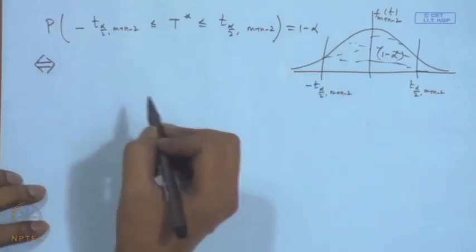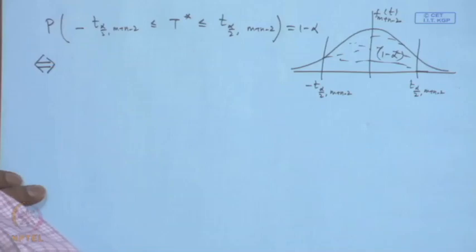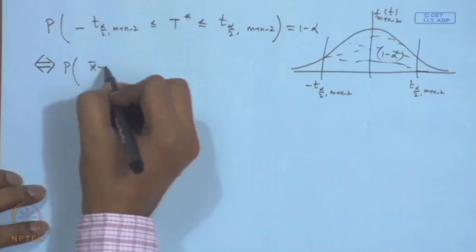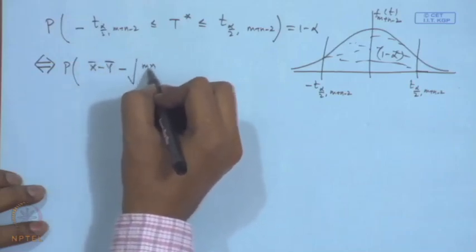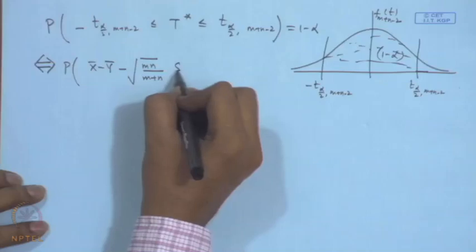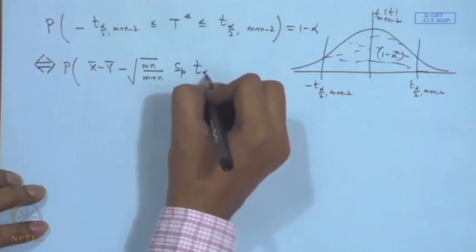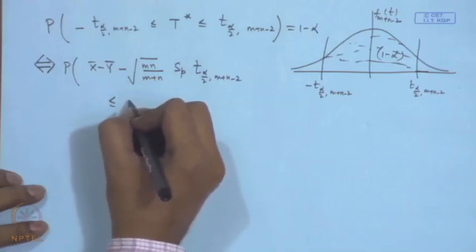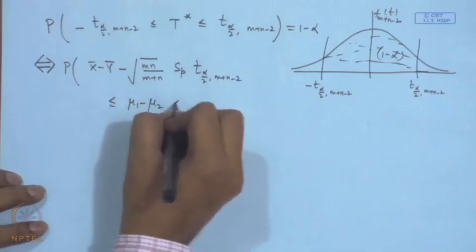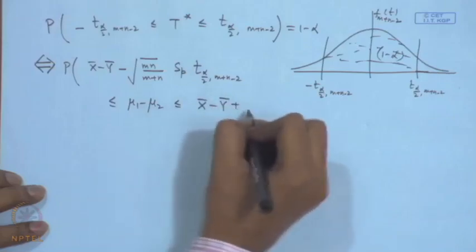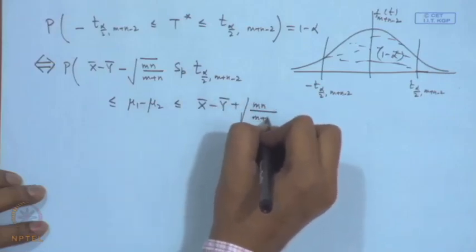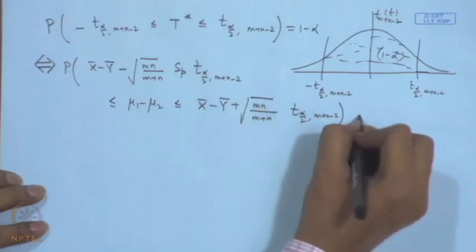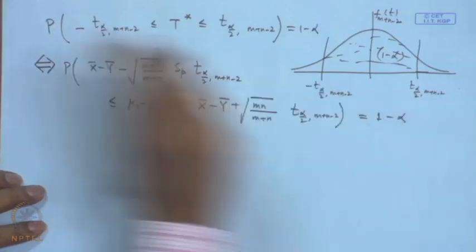This is equivalent to, after simplification, probability of x bar minus y bar minus root mn by m plus n, s p into t alpha by 2, m plus n minus 2, less than or equal to mu 1 minus mu 2 less than or equal to x bar minus y bar plus root mn by m plus n, t alpha by 2, m plus n minus 2. So, this probability is equal to 1 minus alpha.